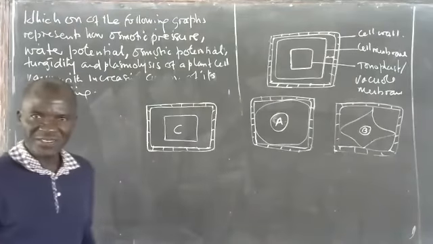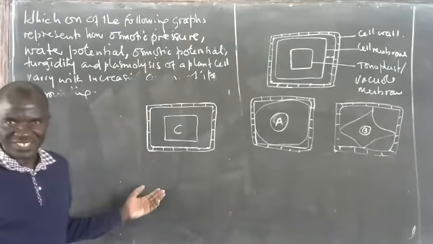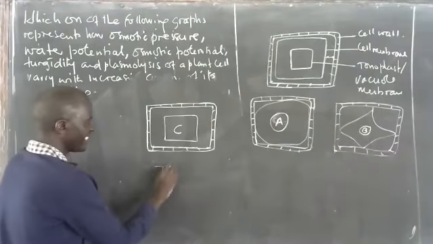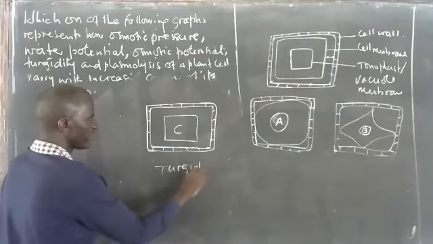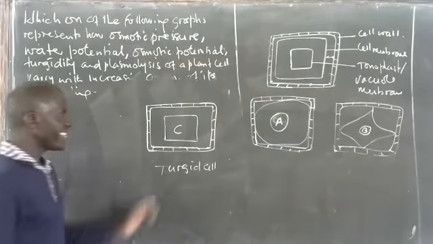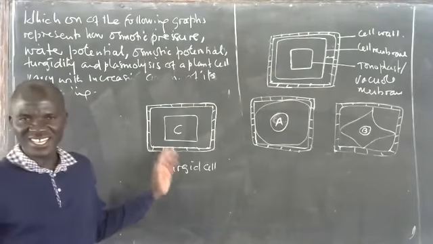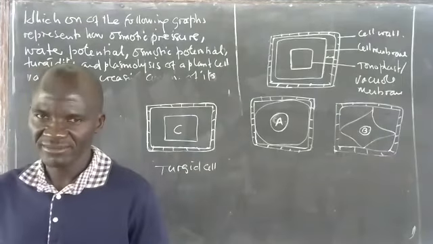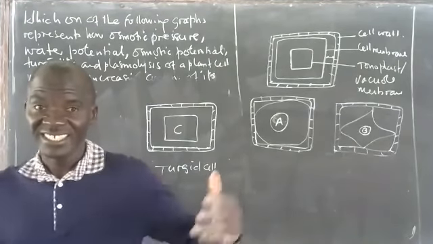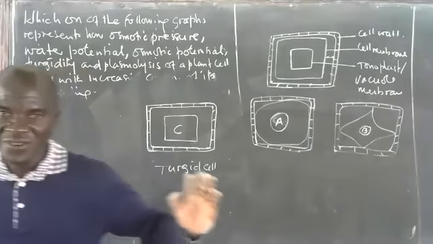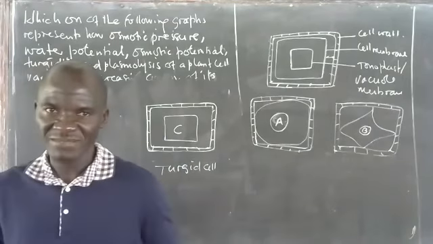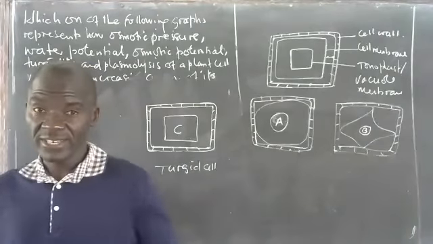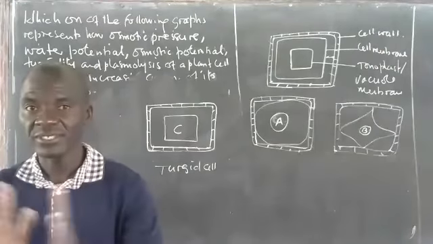If you look through the microscope, or if I draw you such drawings, this one I can just say is turgid. Why? I can't see the cell membrane. The cell membrane is fully pressed against the wall. Remember, as the cell takes in water, it tends to expand, then the wall presses against the expansion of the membrane. They are closely attached.